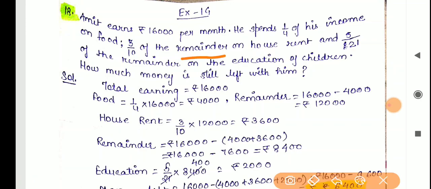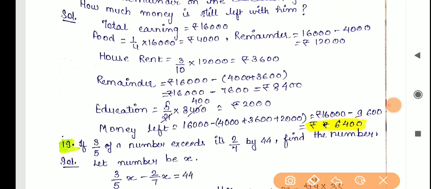How will we calculate the remainder? From the 16,000 total, what he has spent on food, we will subtract first of all: 16,000 minus the amount spent on food, that is 4,000. Clear? So you will get 12,000. Okay, then house rent, 3/10 of the remainder, the remainder is 12,000, so 3/10 multiplied by 12,000 is rupees 3,600.